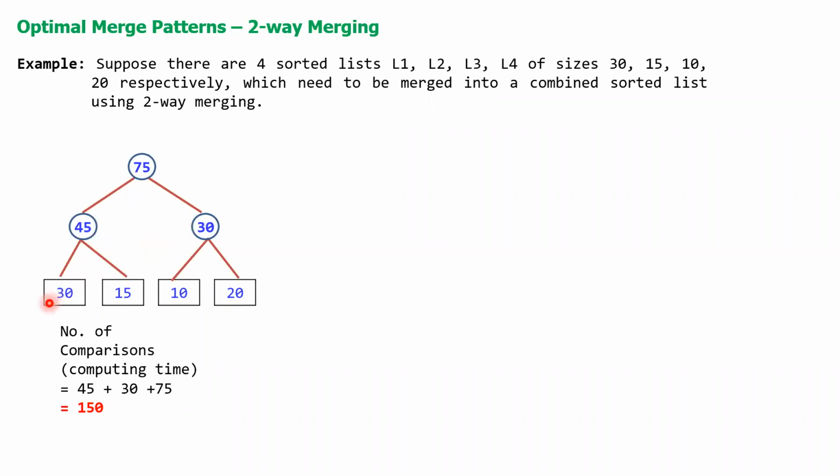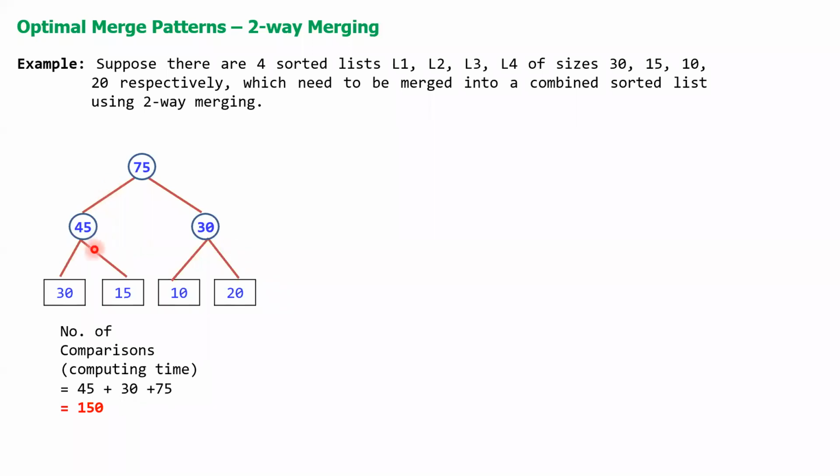Now I have merged 4 lists into a single list and the number of comparisons will be 45 plus 30 plus 75, the total complexity of the entire merging process. This is the first merging, this is the second merging, this is the third merging. So 3 merges I have performed.